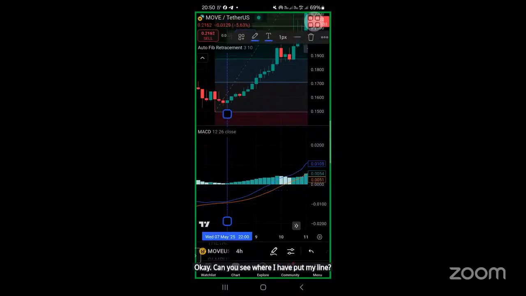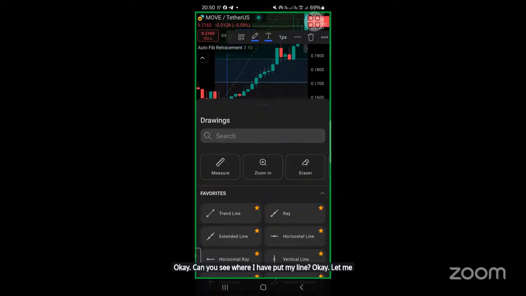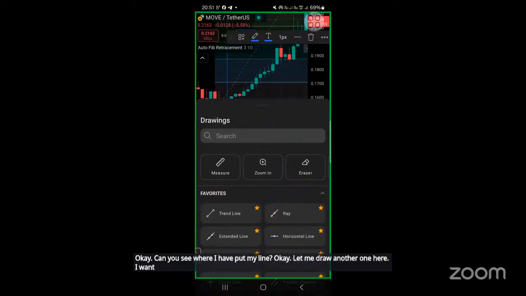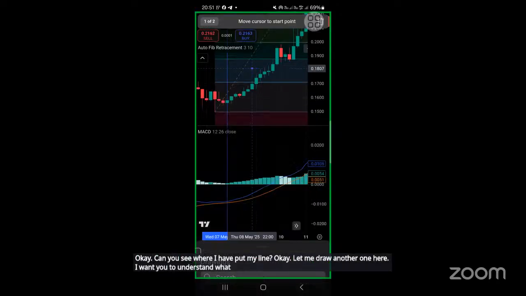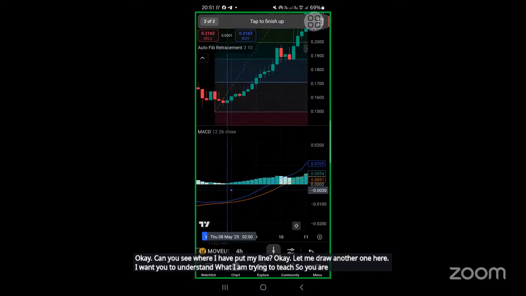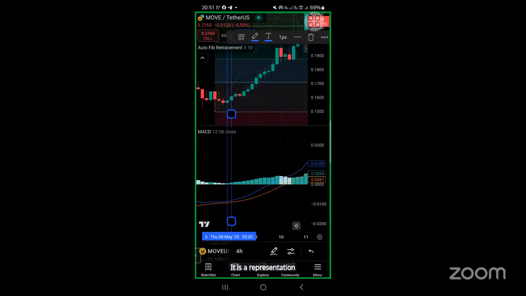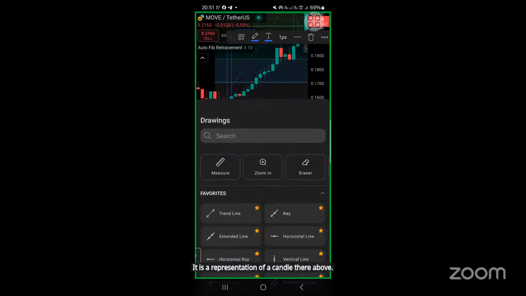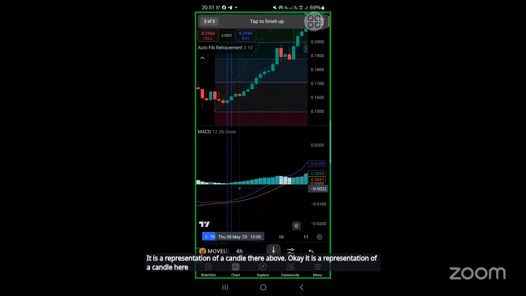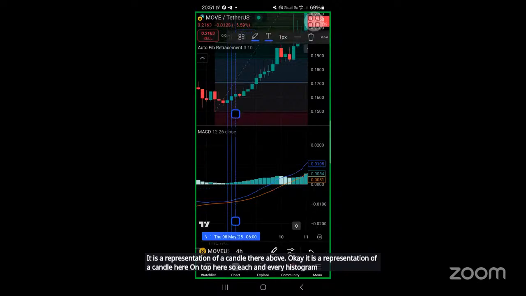Let me draw another one here. I want you to understand what I am trying to teach. Each and every histogram here is a representation of a candle above, on top here. So each histogram represents a candle.